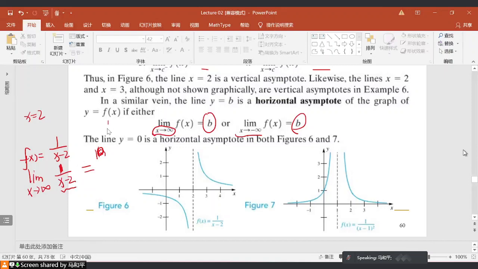So 1 over a number that gets larger and larger without bound is approaching 0.